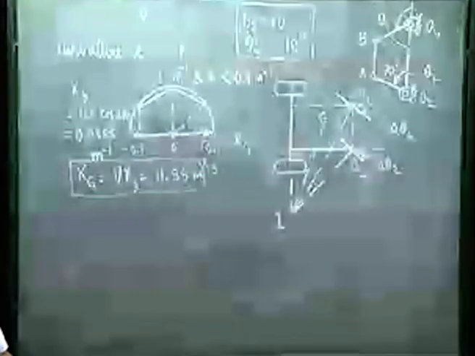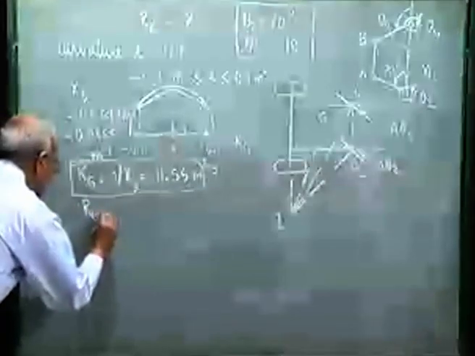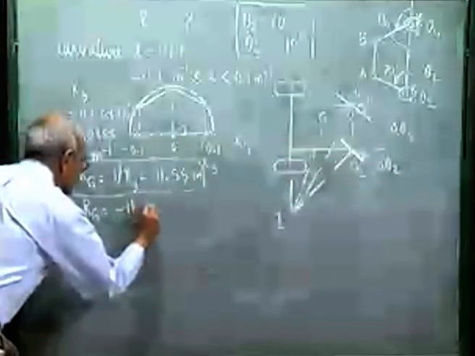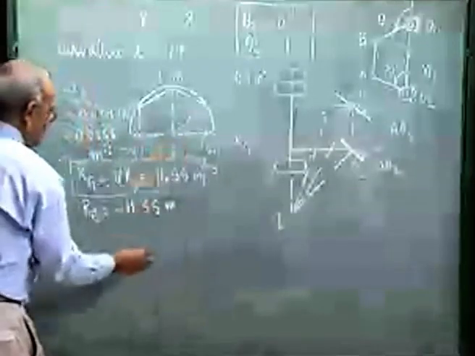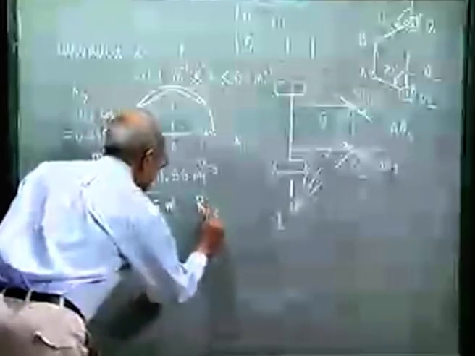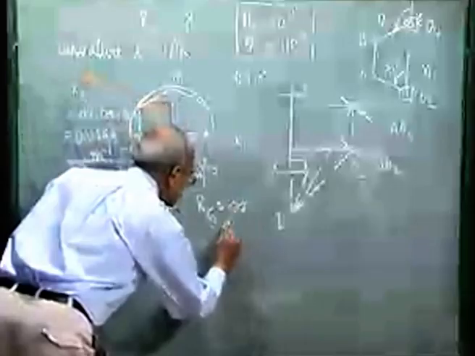This is one accuracy point, and the other accuracy point will give you Rg is minus 11.55 meters, and the other is chi 0, so Rg is infinity. That is the straight path.